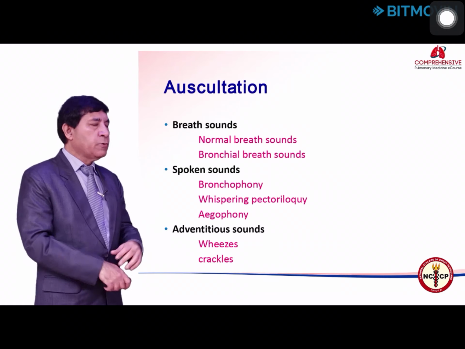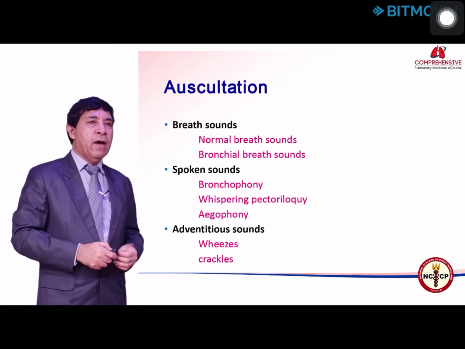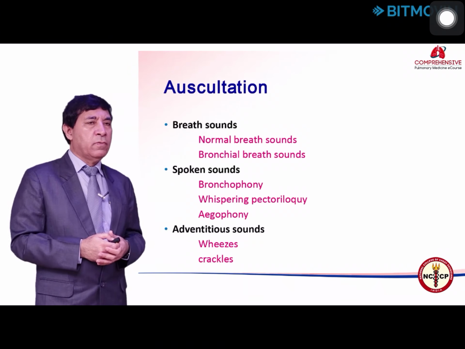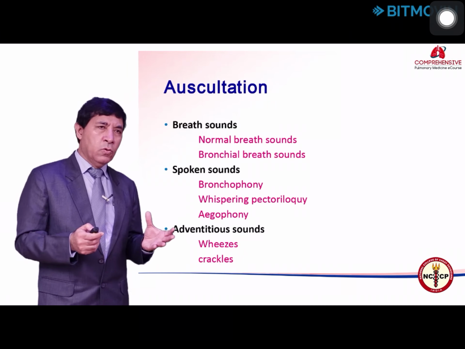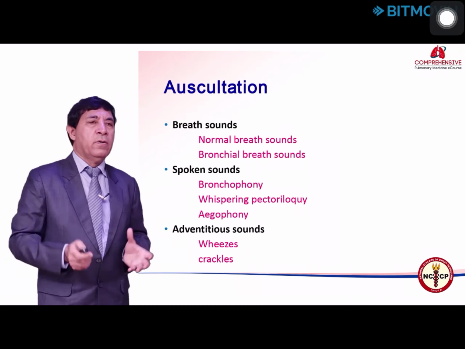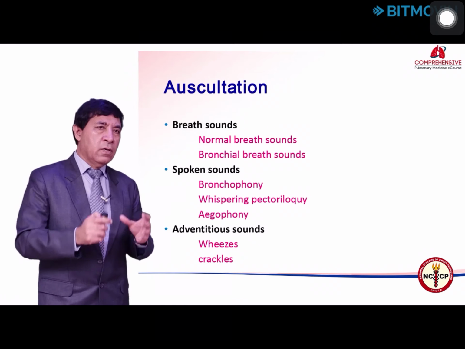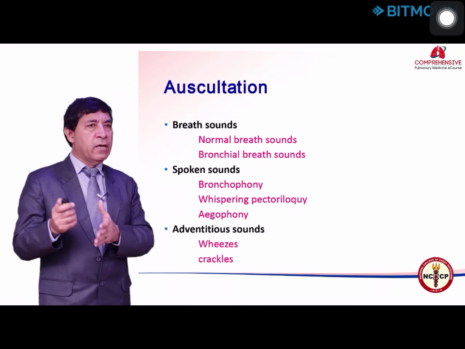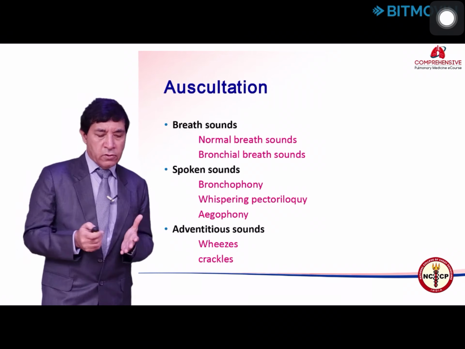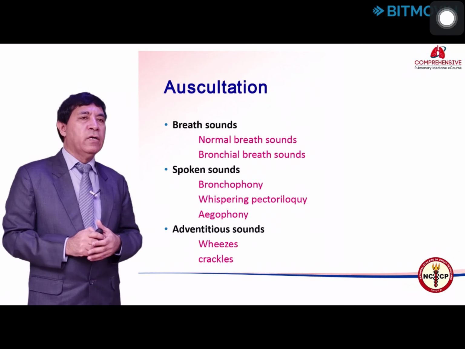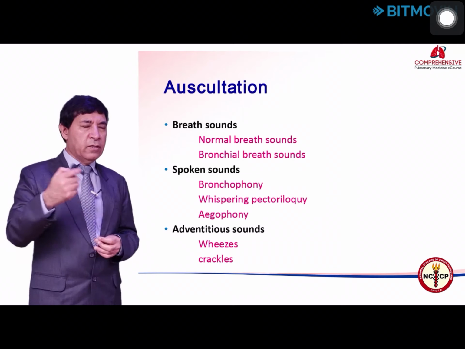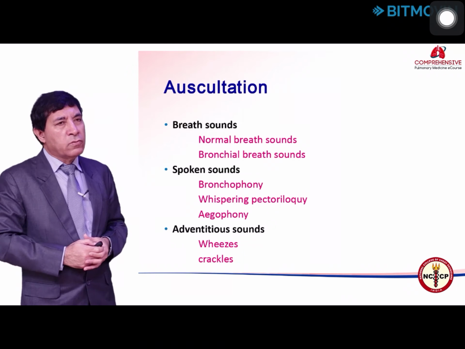Now, when we speak, we have a fundamental note which is around 200 to 400 frequency range, and then most of your sound energy is accumulated in the first formant and the second formant. The first formant is usually between 500 to 1000 frequency range, and the second formant is between 1000 to 2000.